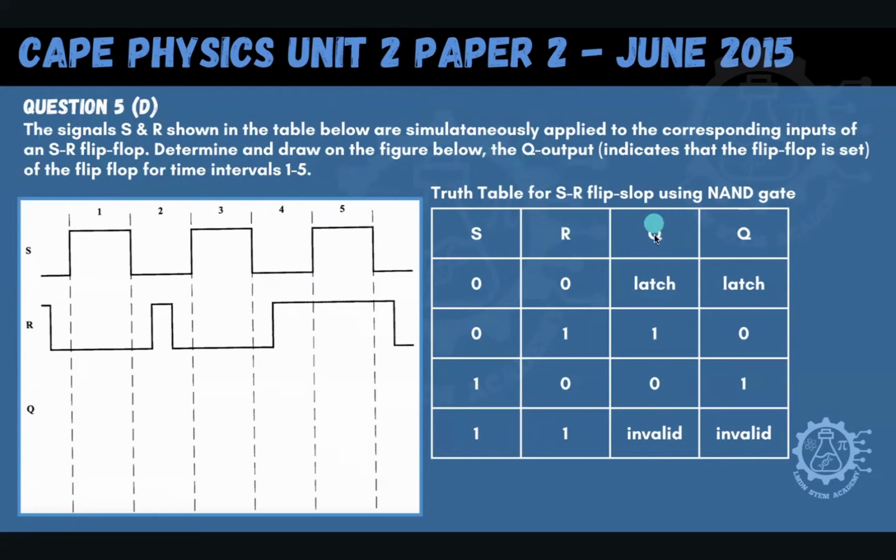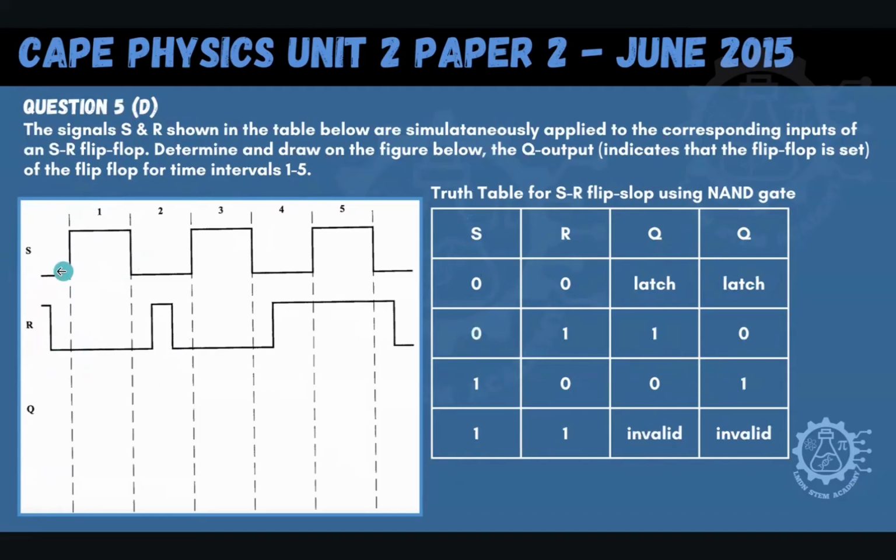So we're supposed to draw the output of the flip-flop for the time intervals 1, 2, 3, 4, and 5. So we're given time intervals here that we're working with, right? And we're supposed to draw what the Q would look like for each of these specific inputs, right?